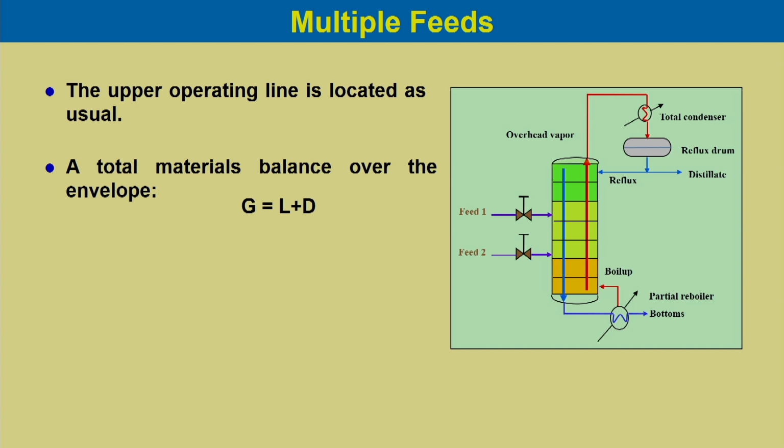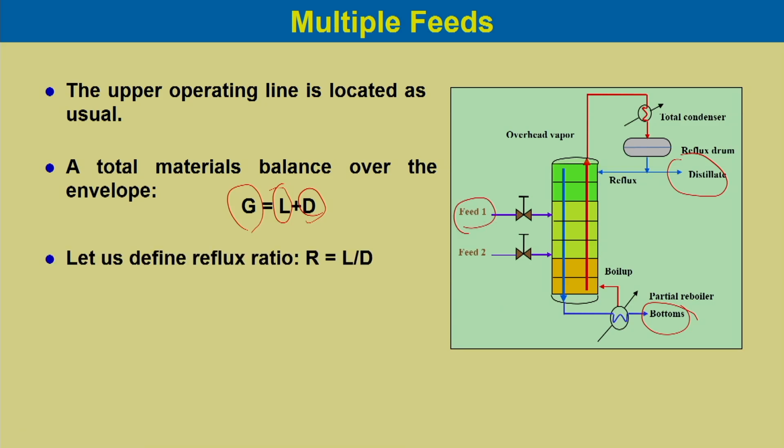A total material balance over the envelope, if we do it: the flow at the top of the column is G, that is the gas inlet at the bottom of the tower, and the liquid coming out at the bottom, and then the distillate which is going out at the top. So, distillate, bottoms and the feed in.